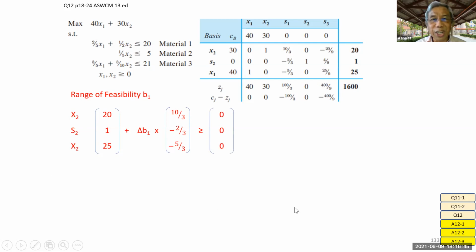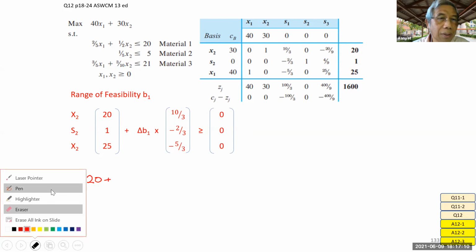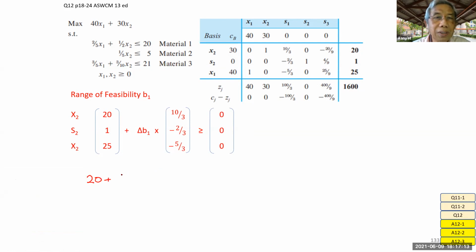Now let's play the game. We write it this way. The first one: 20 plus 10/3 delta B1. Agree? And this must be greater than or equal to 0.